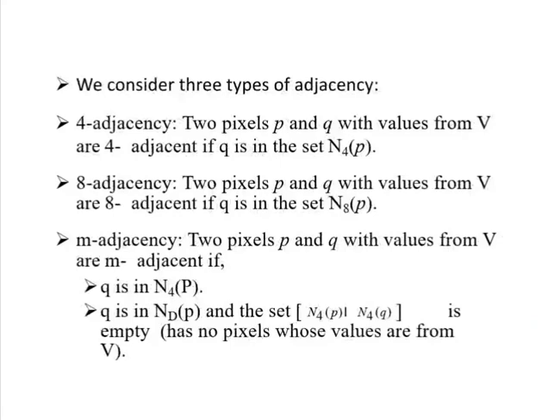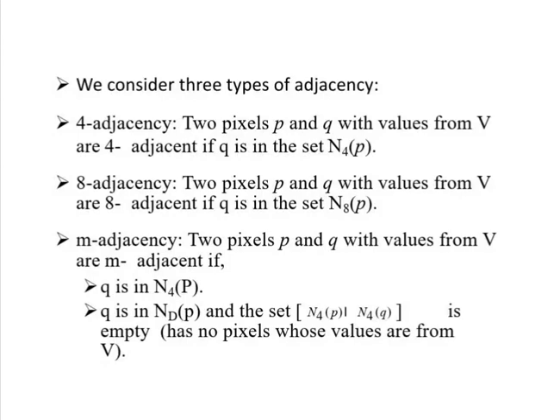Figure A shows 4 connected if Q is in the set N4(P). Figure B shows 8 connected adjacent if Q is in the set N8(P). And figure C represents M connected adjacent if Q is in N4(P), or Q is in ND(P) and the set is empty.